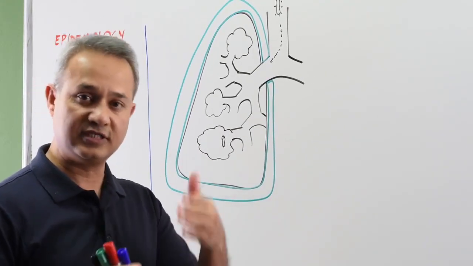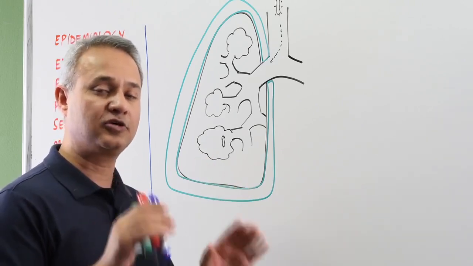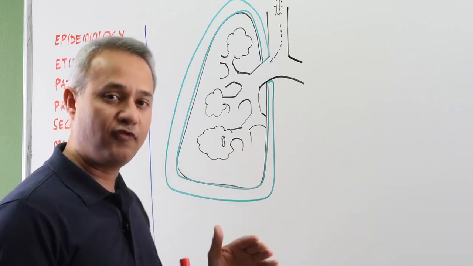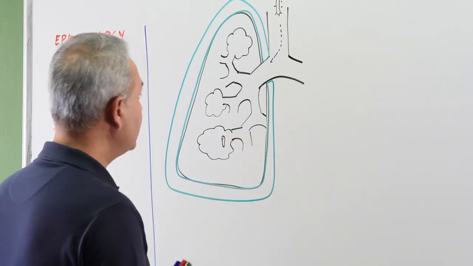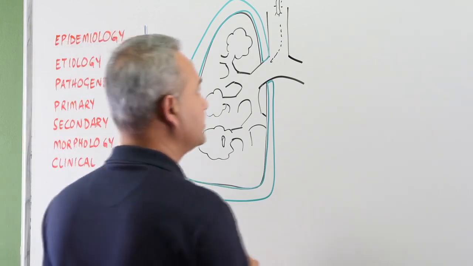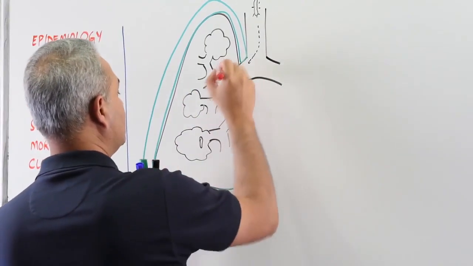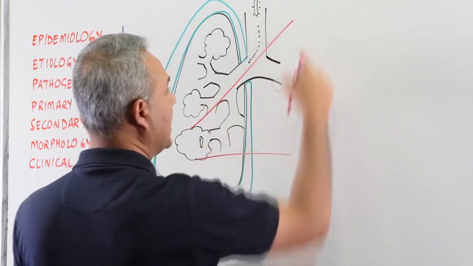So this is the primary tuberculosis. This is a situation where the person has never been exposed to this pathogen before, and now this is the first exposure. Now I'm going to take one piece of this, let's say this one, and let's see what happens.